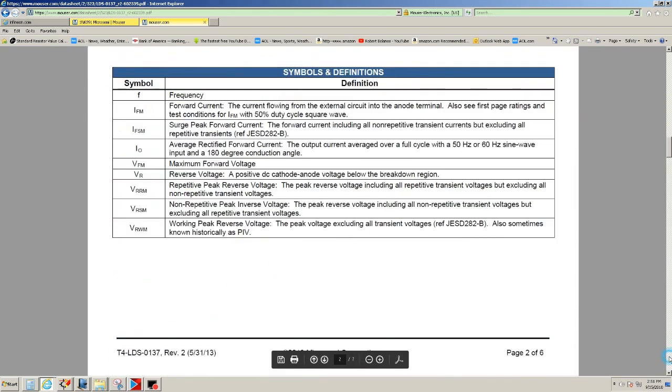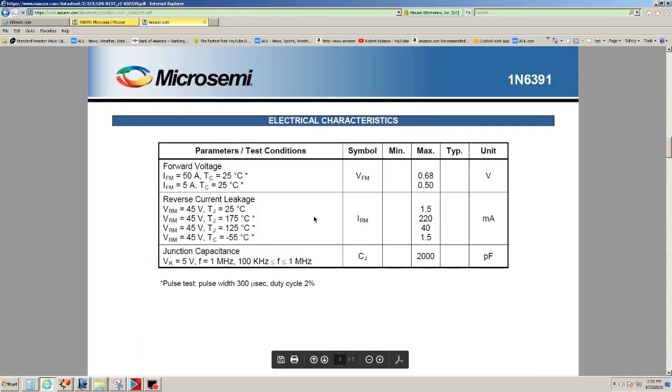So what we want to do is take a look at this data. This is the forward voltage at 25C at 5 amps, which is half a volt.